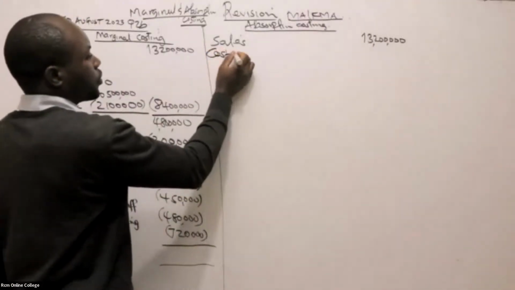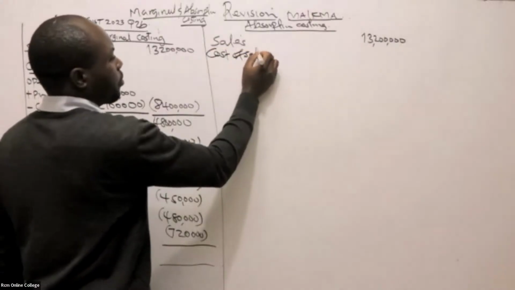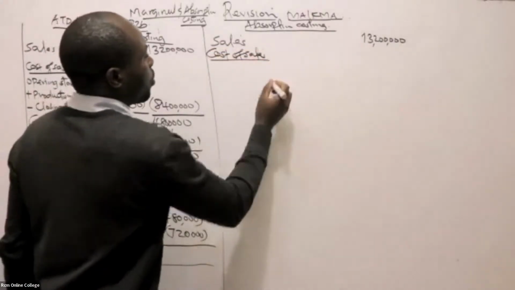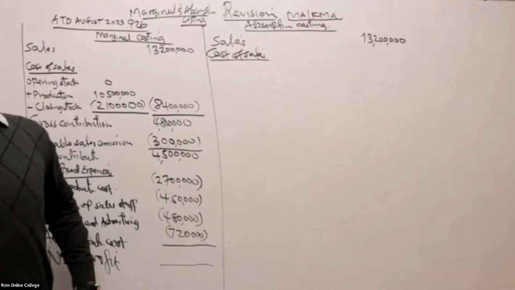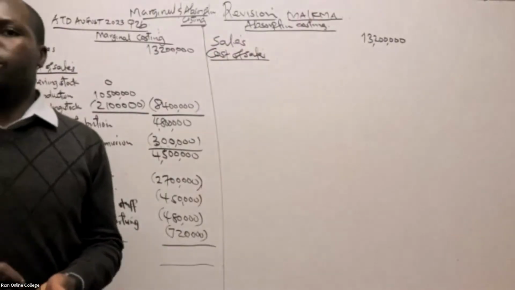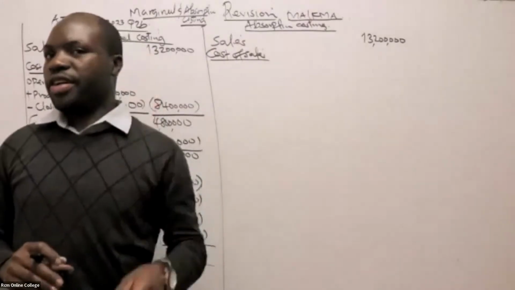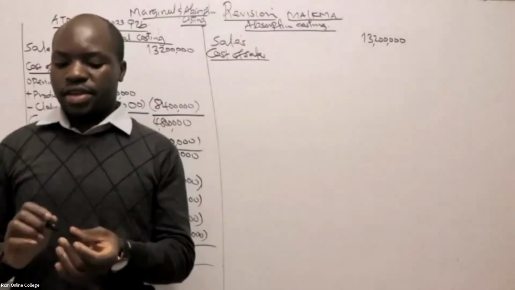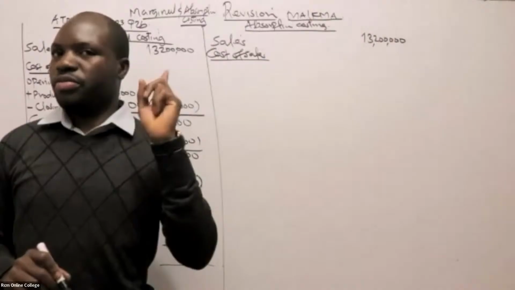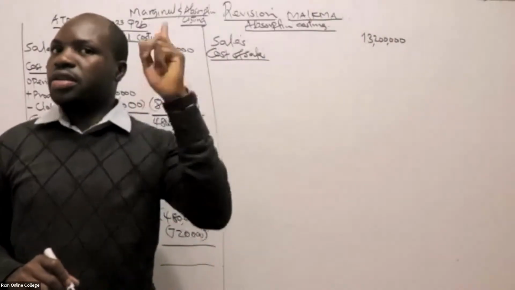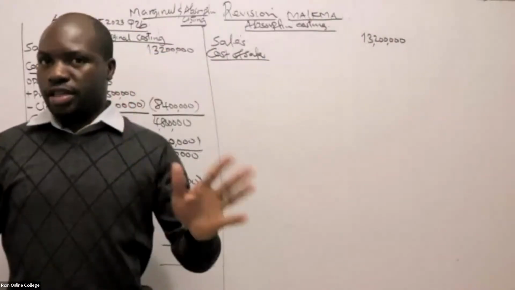Under absorption costing, we include the fixed production overhead as part of product cost. The moment you bring in fixed production overheads or fixed expenses, we no longer call it contribution margin. We now call it gross profit, net profit.